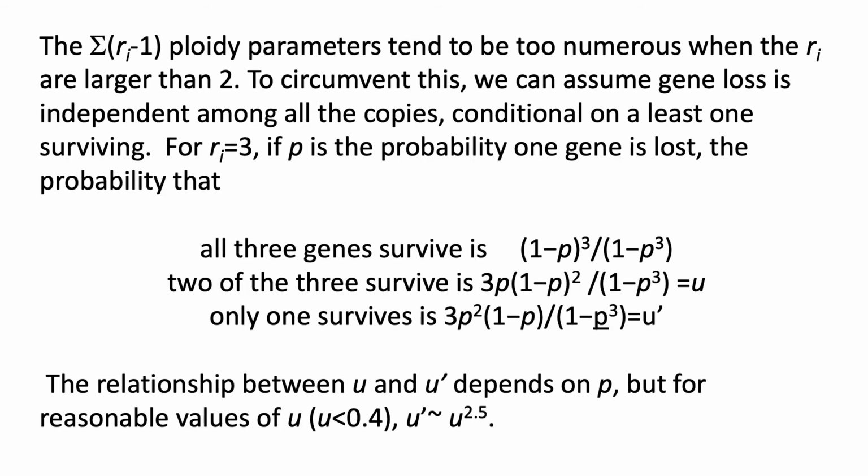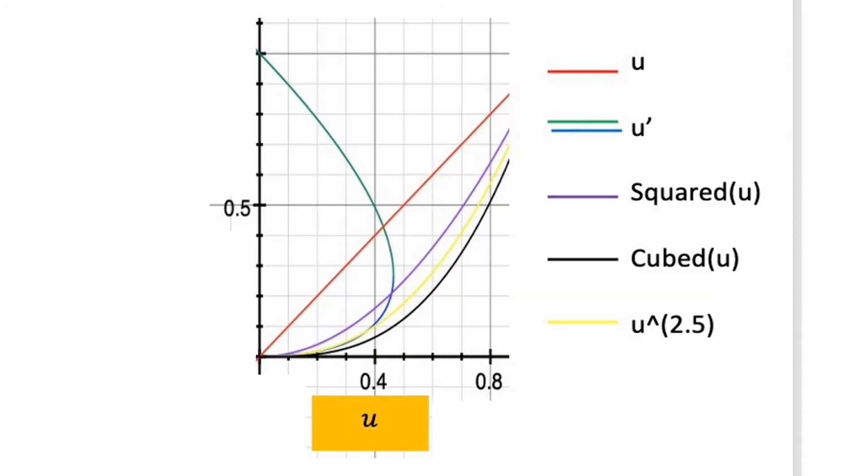However, we can get around this by assuming that the number of genes that are lost follows a binomial distribution based on a loss probability of p, and with that we can find in this case that u prime, the probability of retaining 3 genes, is somewhere between u squared and u cubed, as long as u is not too big, between 0 and 0.4.